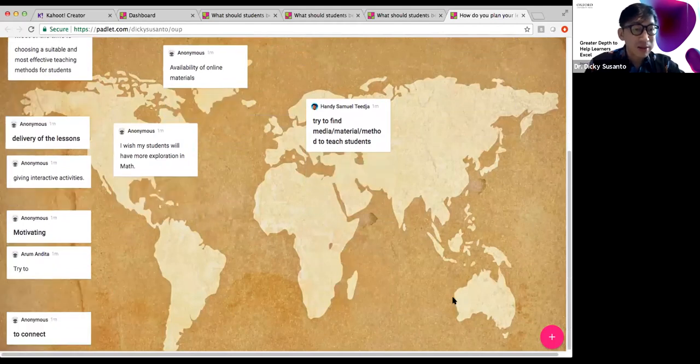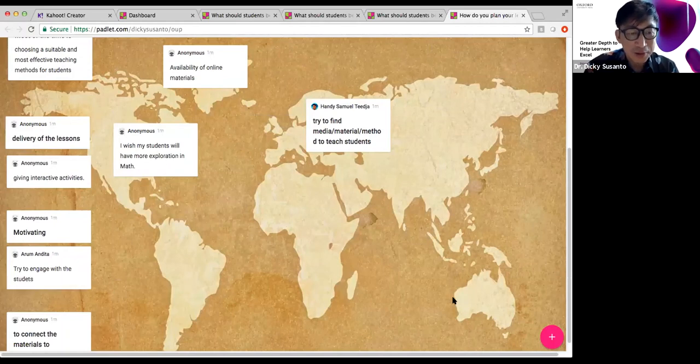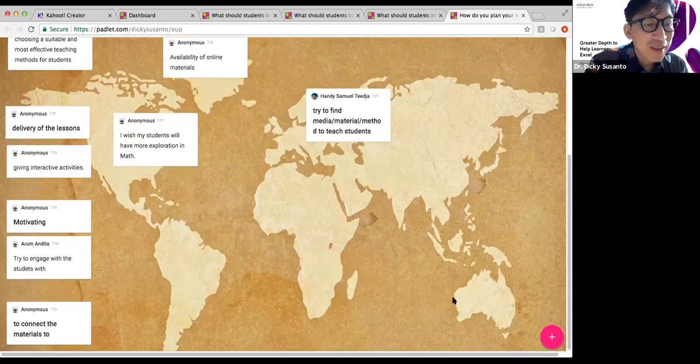And to connect, okay, so I'll connect the materials. Yeah, there's a lag time, so I'm still waiting for the letters to show up. Engage with students, okay.